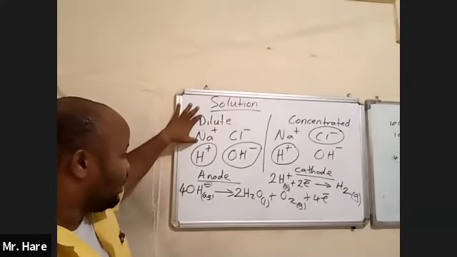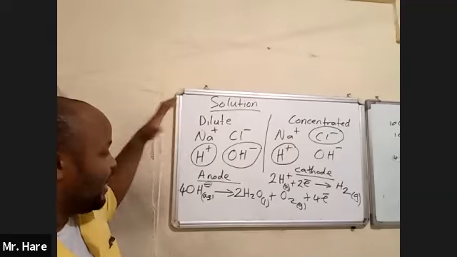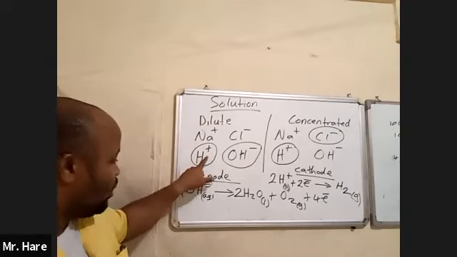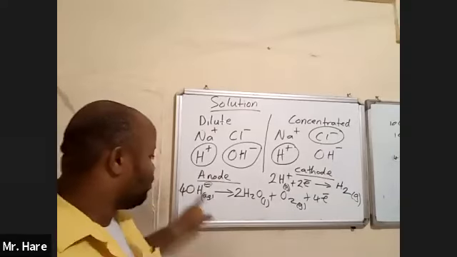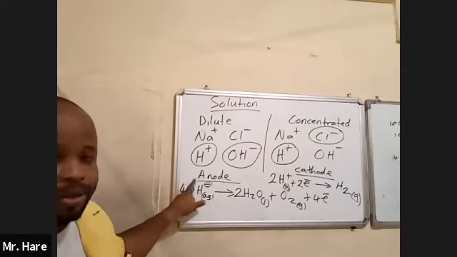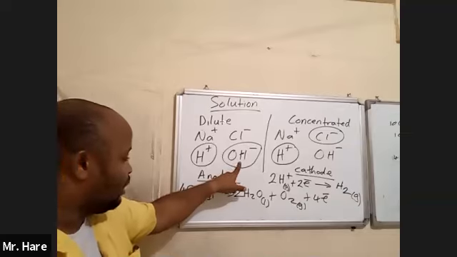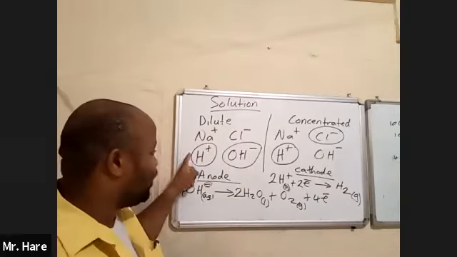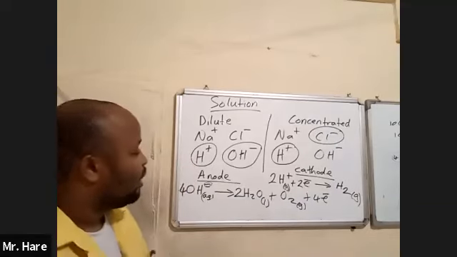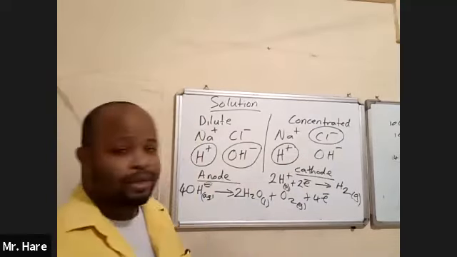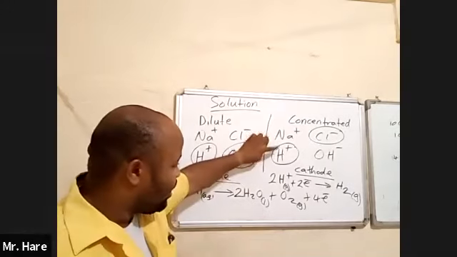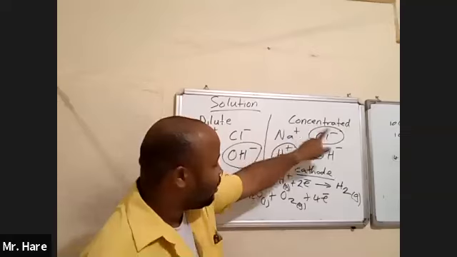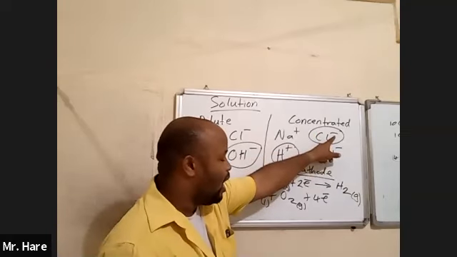For the electrolysis of dilute sodium chloride, you would get oxygen gas being produced at the anode because the hydroxide ion is taking part. And then at the cathode, it would be the hydrogen ion. If it was concentrated, it would still be the hydrogen ion at the cathode, but this time it would be the chloride ion at the anode.